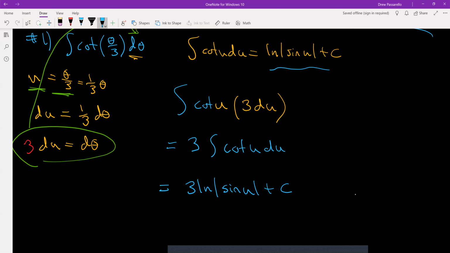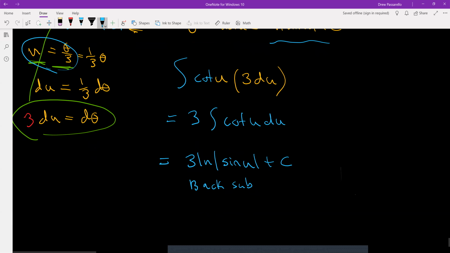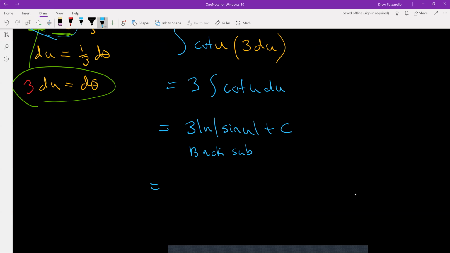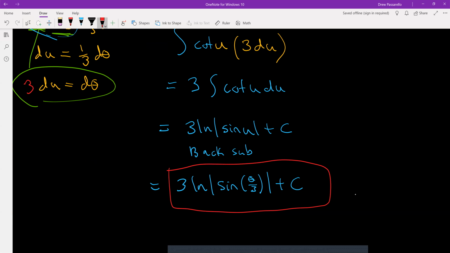Then I just have to back substitute what u was. Well, u was theta over 3. That's 3 ln of sine of theta over 3, and then plus c. Okay, so that's going to be the answer.